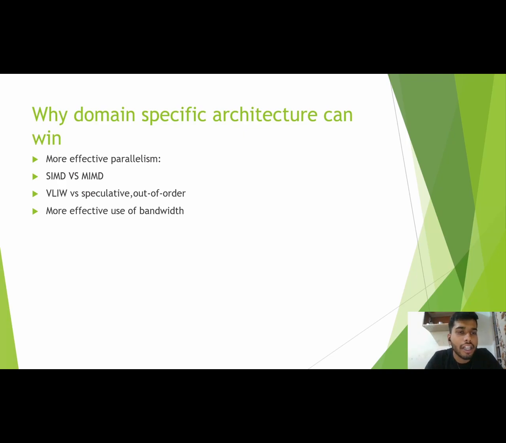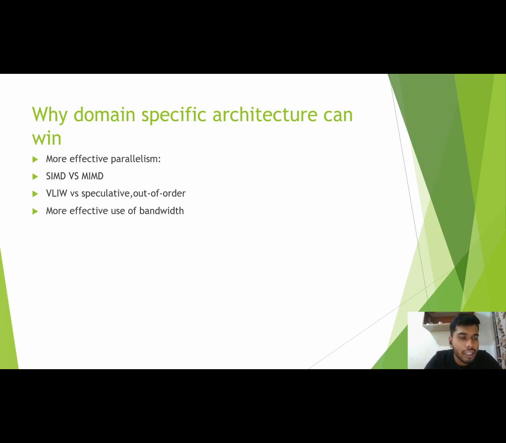The next point is why domain specific architecture can win. In this part, Dave emphasizes points like more effective parallelism. More effective parallelism will again support a very specific domain. For a specific domain, there are specific software and hardware architectures which will implement different levels of parallelism.